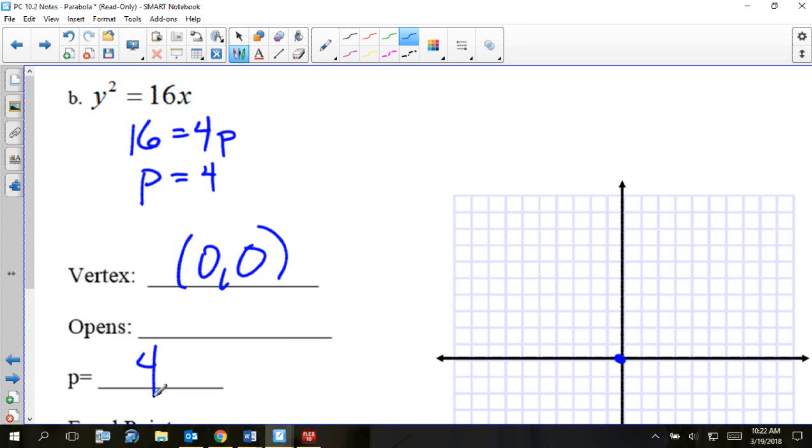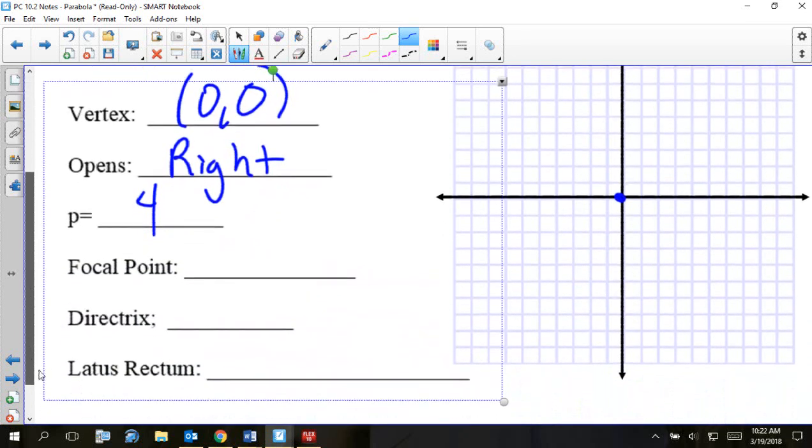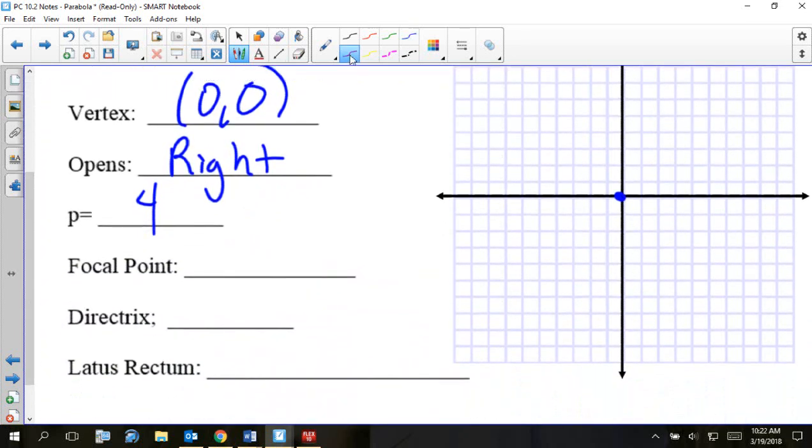So it's either opening right or left. If that is a positive number, then which way is it going to open? The right, because it's positive. Negative would be left. We use that p value. Our focus point, our focal point, is going to be 4 to the right. So from our vertex, we add 4, and we get (4, 0).